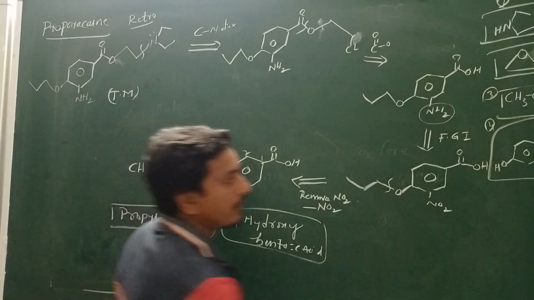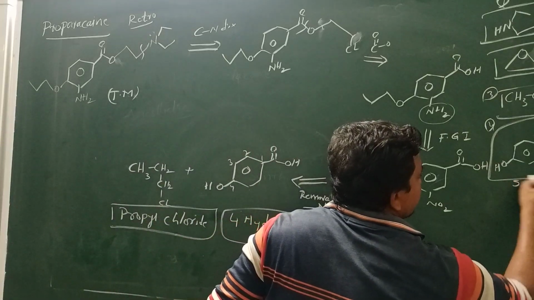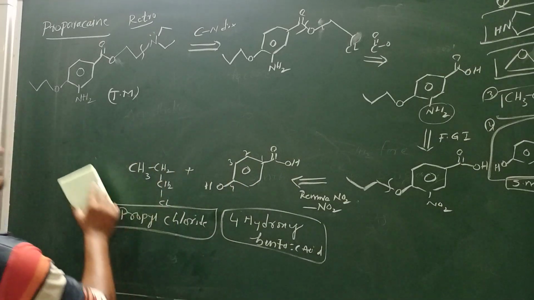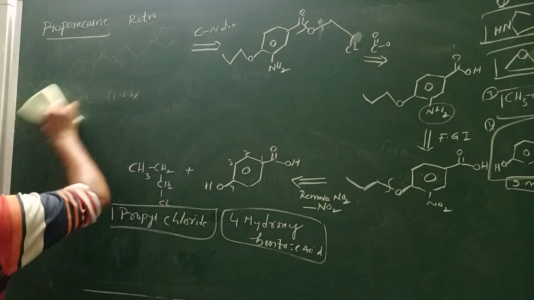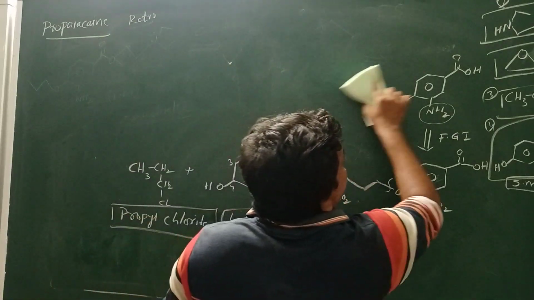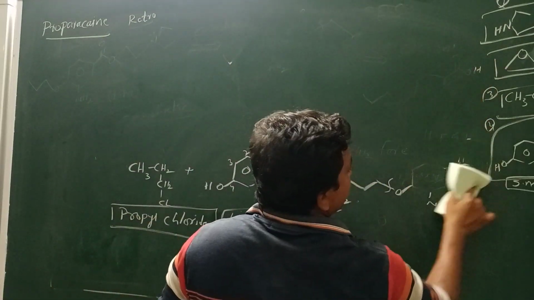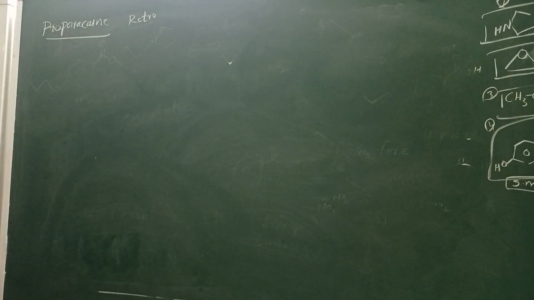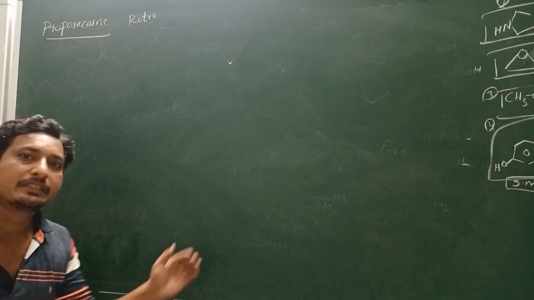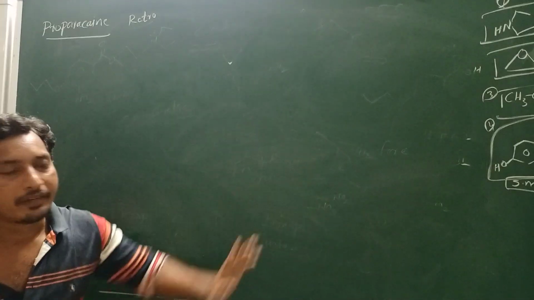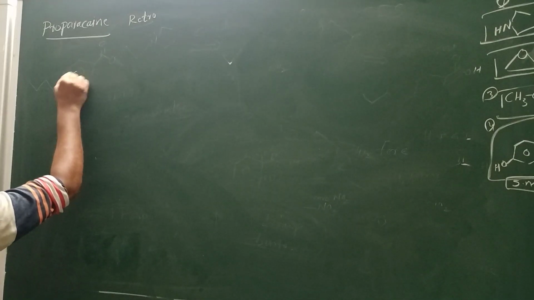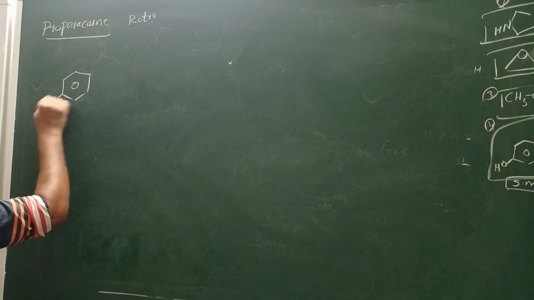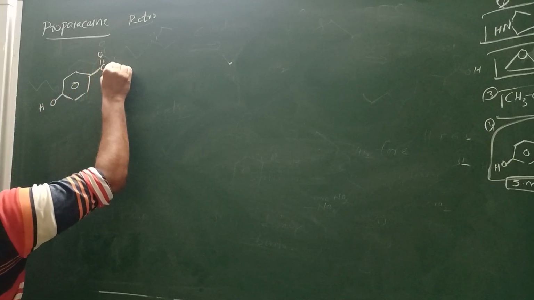And this is the para-hydroxy benzoic acid, the starting material of this compound is 4-hydroxy benzoic acid. Here OH group, C double bond OH.